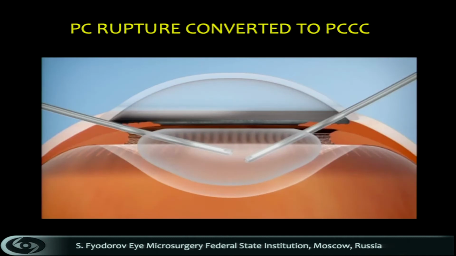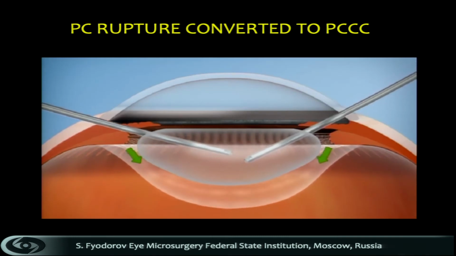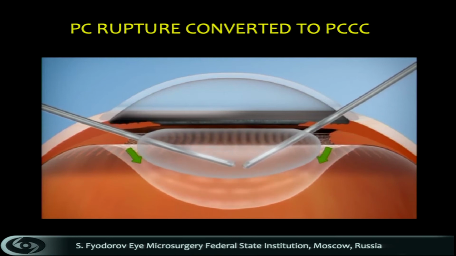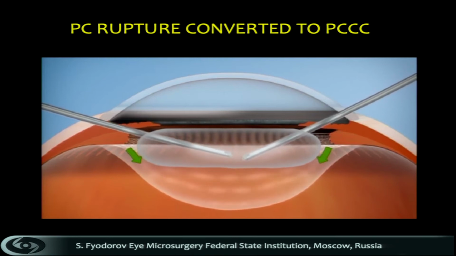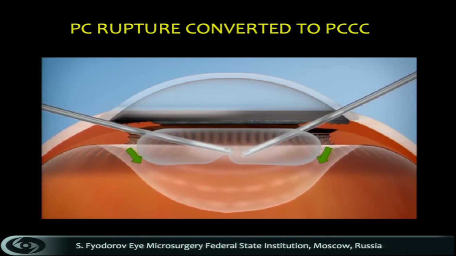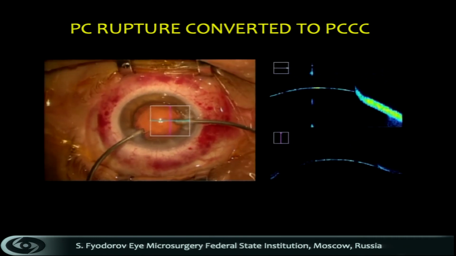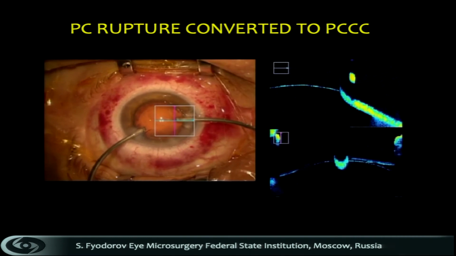So this is how PC rupture occurs during the course of cataract surgery. Again, we see inflation of the Berger space, flattening of the capsule from an oblate to a prolate shape, and then aspirating the capsule.